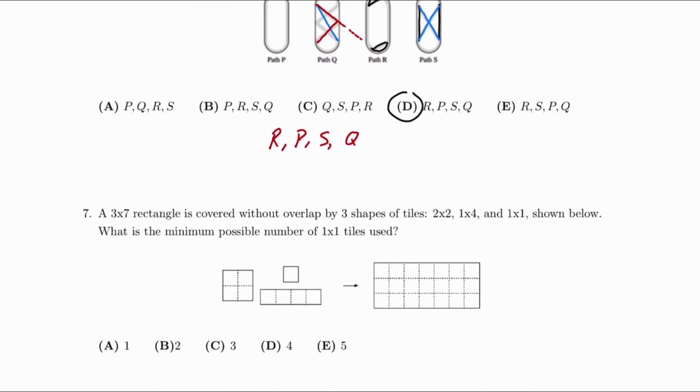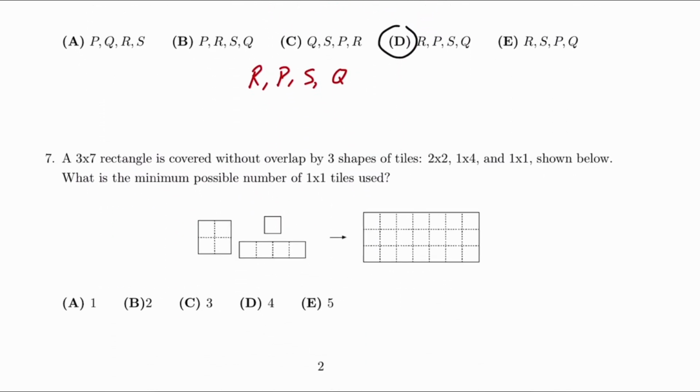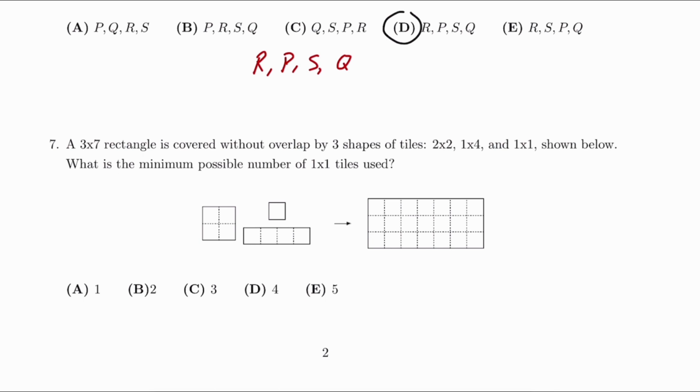All right, let's take a look at number 7. Number 7 says, a 3x7 triangle is covered without overlap by 3 shapes of tiles, 2x2, 1x4, and 1x1 shown below. What is the minimum number of 1x1 tiles used? So we want to utilize the 2x2 and 1x4 tiles as best as possible.